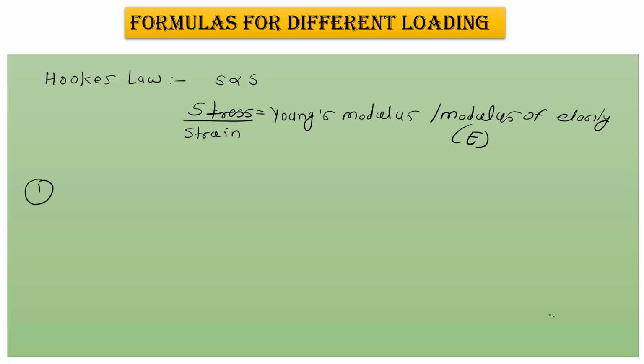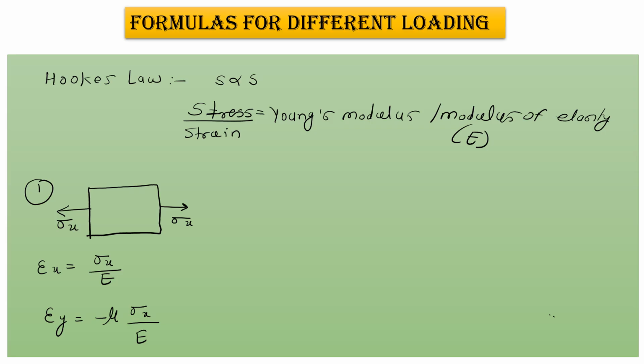So the first condition is when we apply a force on a body in one direction, like this. On this body, the force is applied in one direction as a tension force, and these are the formulas for the strain in x direction and strain in y direction.